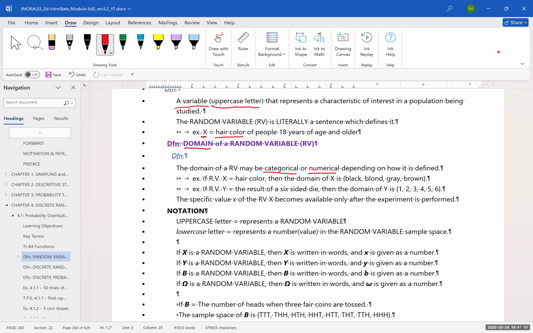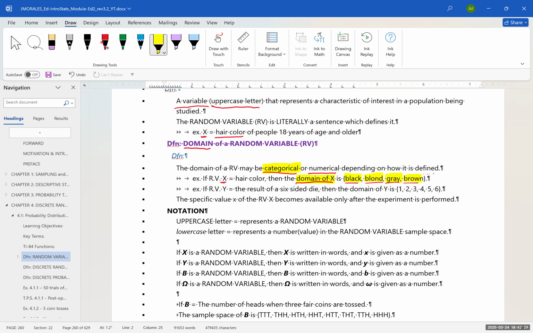Remember the random variable that I defined previously as capital letter X, equal to hair color. Then the domain of that random variable would be black, blonde, gray, brown, and so on, and any other hair colors I could think of. So this would be an example of the domain of a random variable being categorical, meaning it's composed of labels.